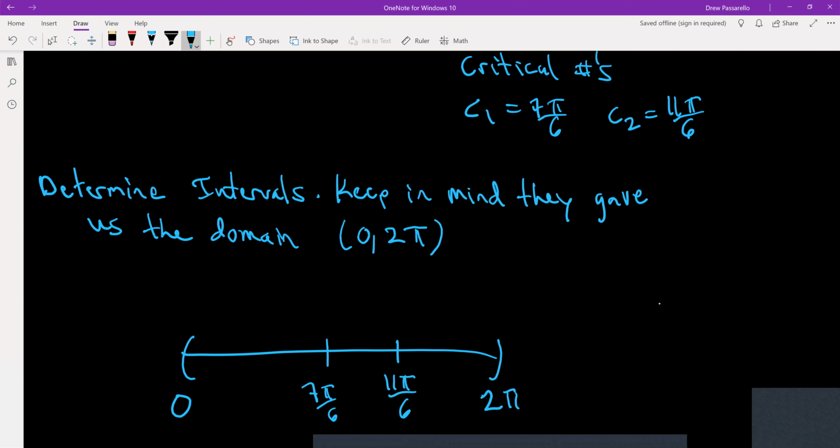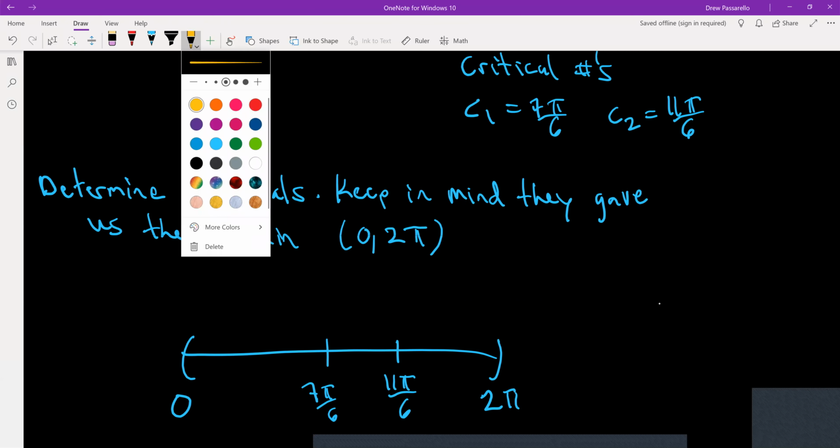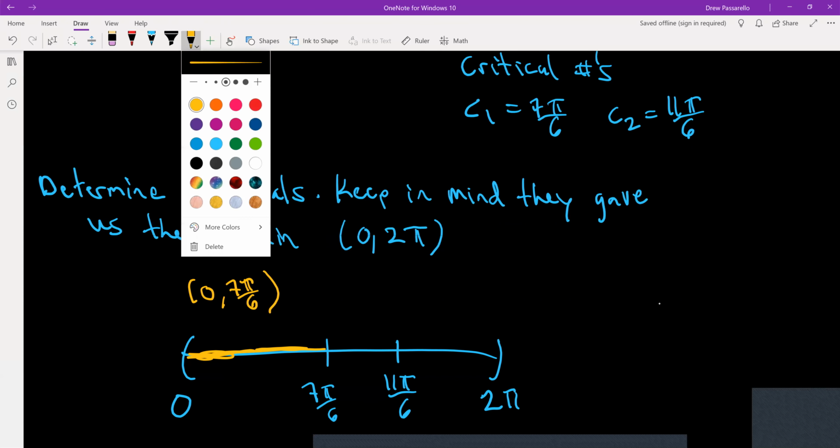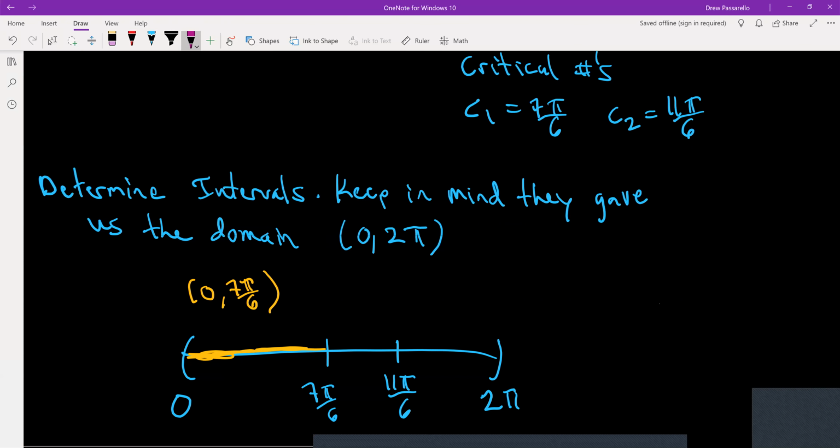So what are my intervals? Basically I have this interval going from 0 to 7 pi over 6. Notice every time I do this, I'm using parentheses around the critical number, so I'll put parentheses around 7 pi over 6. Then I have the interval in between the two values, 7 pi over 6 to 11 pi over 6.